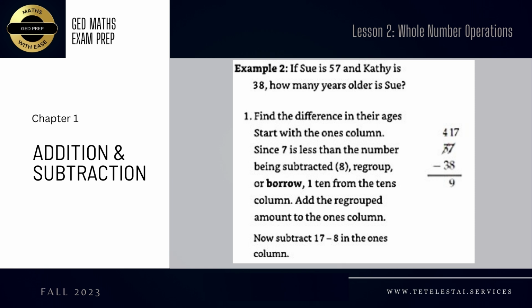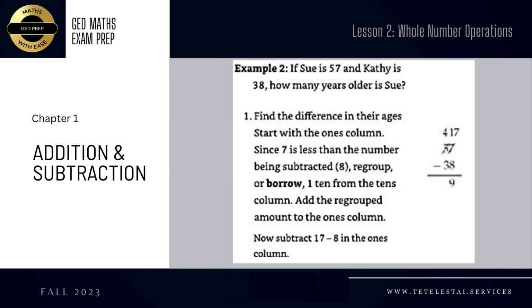So we borrow a 1 from 5 and we write down 4 to help us remember that we've borrowed a 1. And now when we move 10, or you can think of it as $10, over to the right, we now have 17. Now we can do our subtraction and get a positive number. So 17 minus 8 is 9, right?